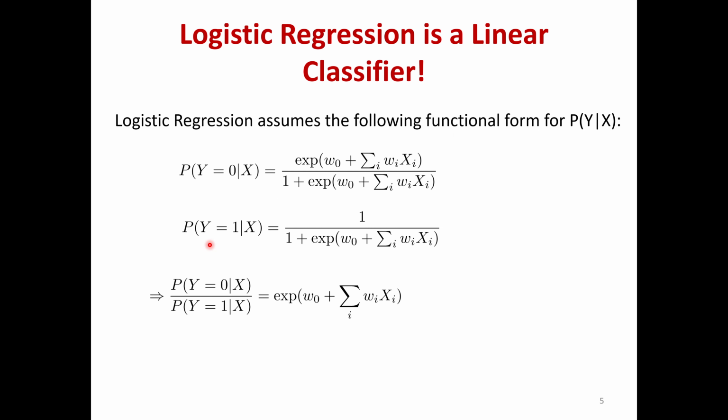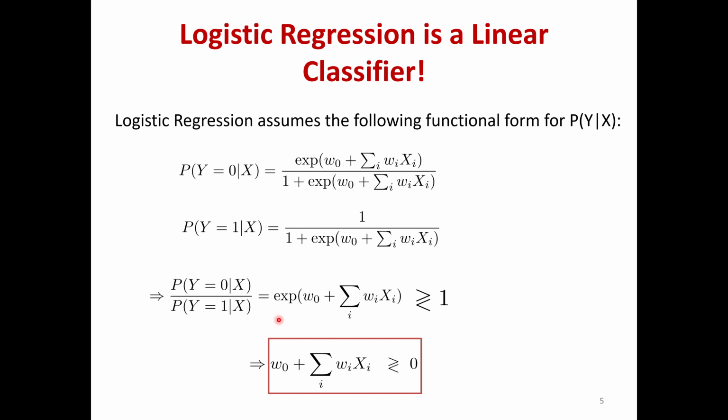When we calculate this ratio, we can see that it's actually just an exponential function, and inside this exponential function there is this linear function. We want to know when this expression is bigger than 1 and when it is less than 1. If we take the logarithm, then we just need to see when this expression is bigger than 0 and when this is less than 0.